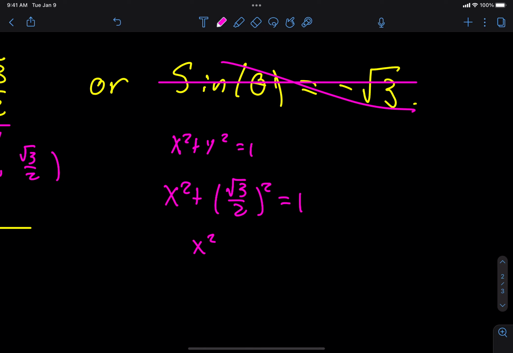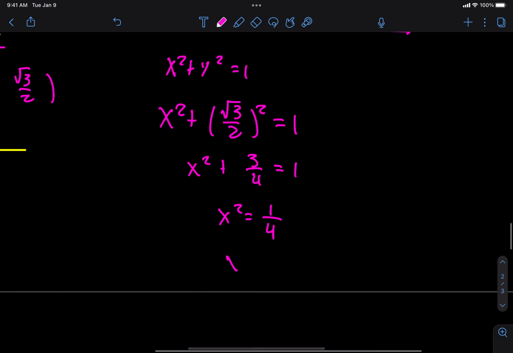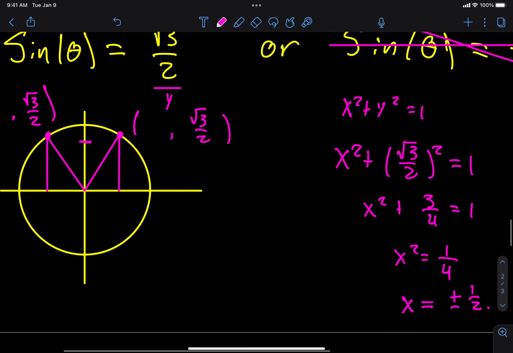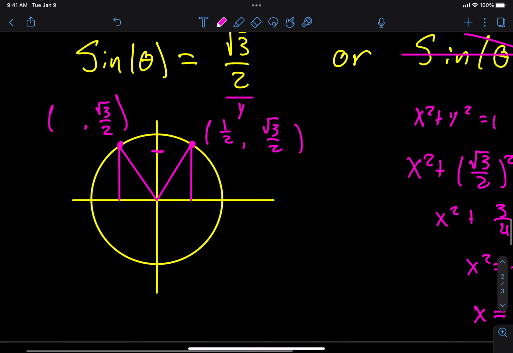So x squared plus 3/4 is equal to 1. So x squared is equal to 1/4. And therefore x is equal to what? Plus or minus 1/2. But yes. So here's the one where it's 1/2, and here's the one where it's negative 1/2.